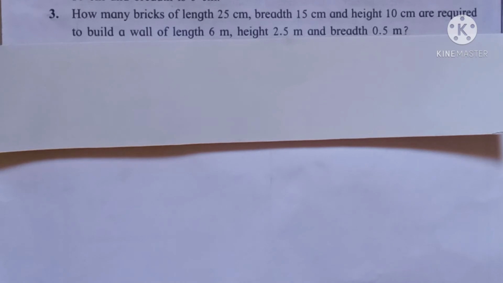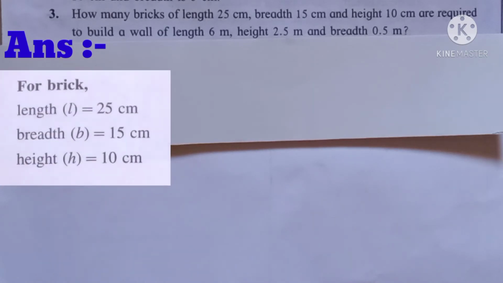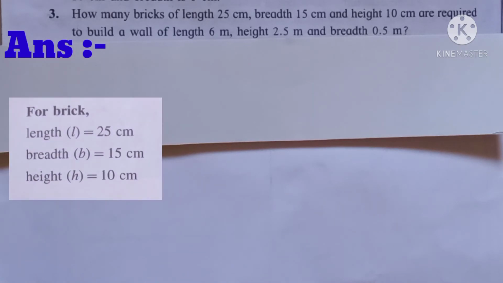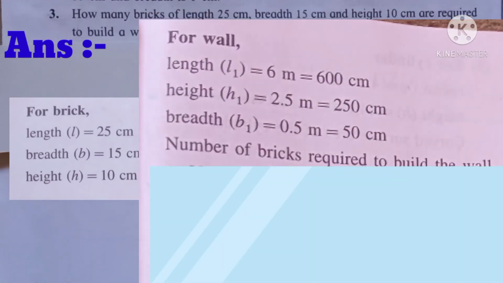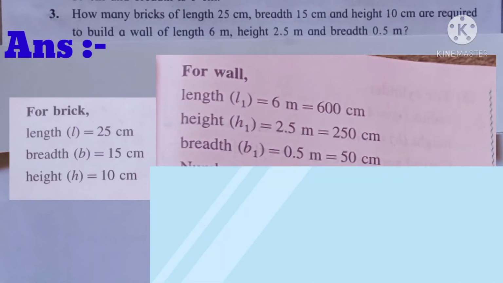Let's see the answer. Students, in the answer we have to write at first the measurement of the brick and wall. So for bricks, L is 25 centimeter, B is 15 centimeter and H is 10 centimeter. Even for the wall, our length, now here we are going to write L1, which is nothing but the length of the wall. So L1 is 6 meter.